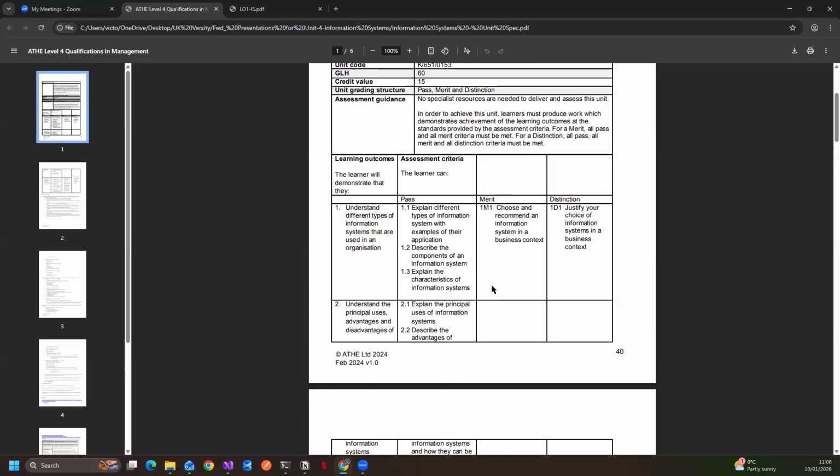In today's session, we will have a merit and a distinction task additionally to our learning outcome. So today we're going to understand the different types of information systems that are used in organizations.